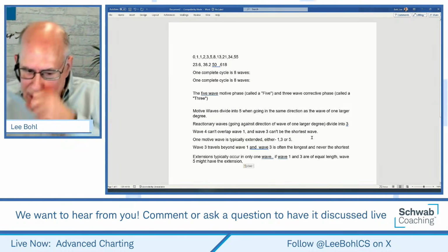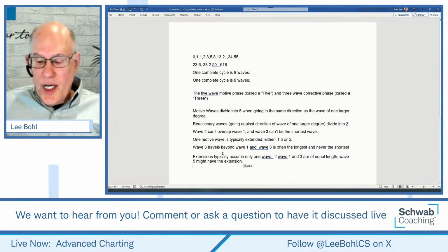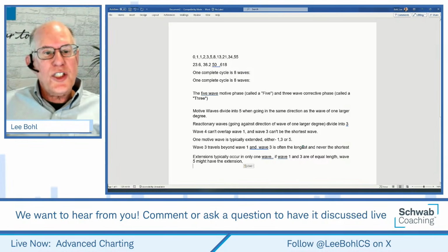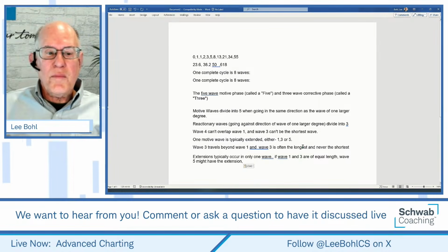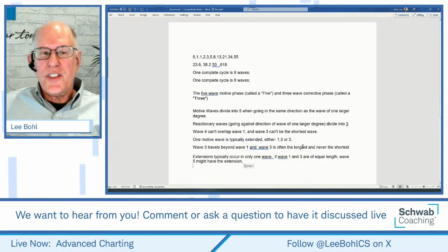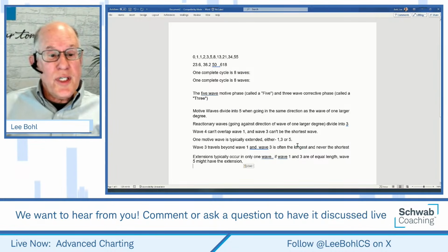Again, wave 3 also has to go beyond wave 1. It is often the longest. So we had a question of what wave is sometimes the best to trade. Well, if 3 is often the longest, maybe that's the one. If 5 is not having an extension, 3 could be one of the better ones to trade because it tends to be the longest often.